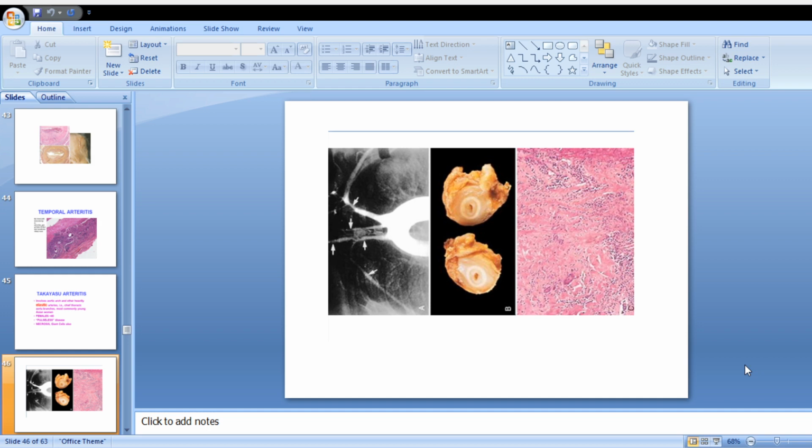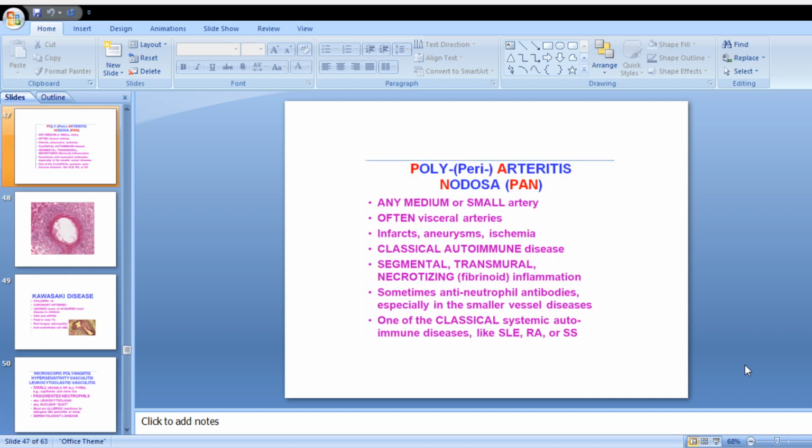The third one is polyarteritis nodosa. Of the two things we have discussed before, Takayasu and giant cell arteritis, both involve the larger arteries, while polyarteritis nodosa involves mainly medium-sized arteries, which are in viscera, and it can cause infarct, aneurysm, and ischemia.